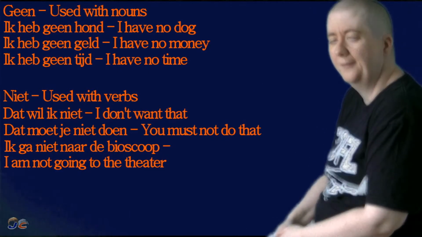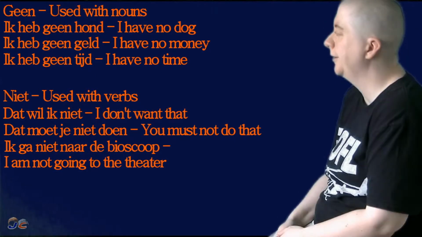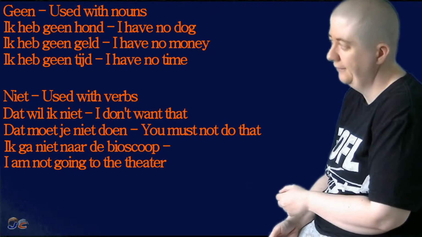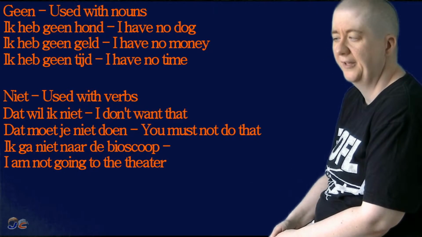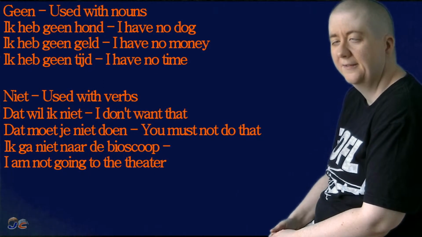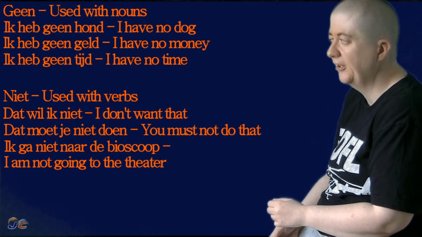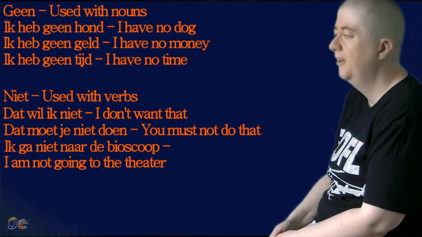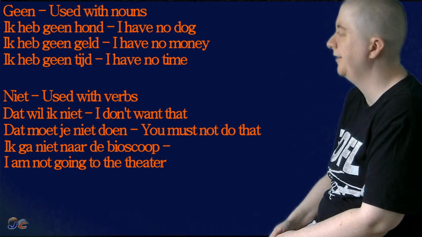Ik heb geen geld. I have no money. Money is a noun or an object. Again, that's why we use the word geen. Ik heb geen tijd. Tijd, meaning time, is again classed as a noun, which are all classed as an object, which is again why we use the word geen.